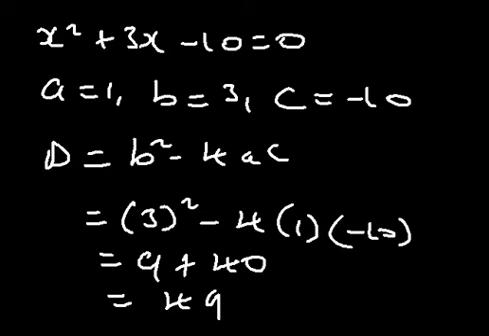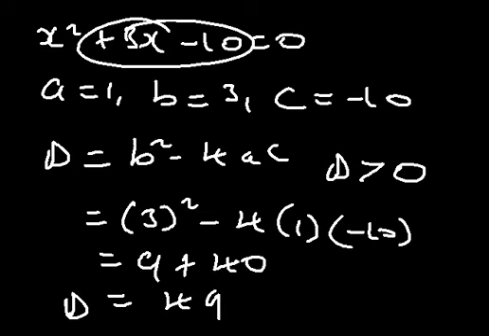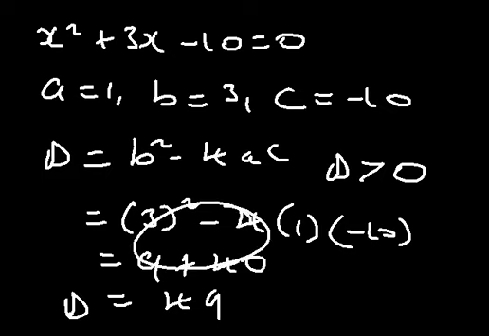So since the discriminant is greater than 0, since it is positive, it means this quadratic equation will give us two distinct roots upon being solved. So keep that in mind.